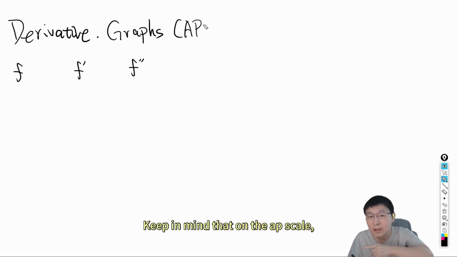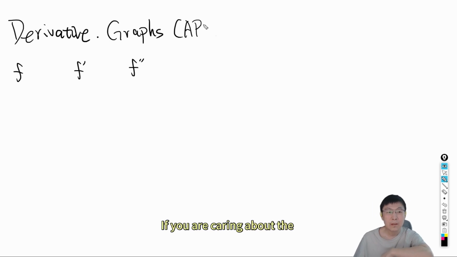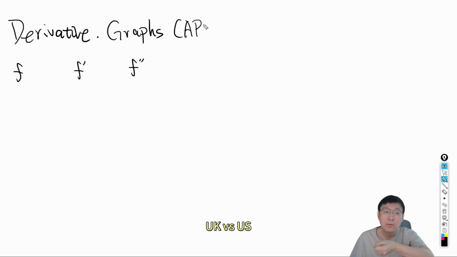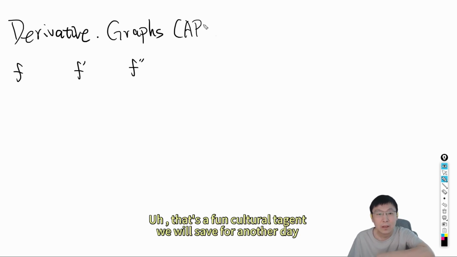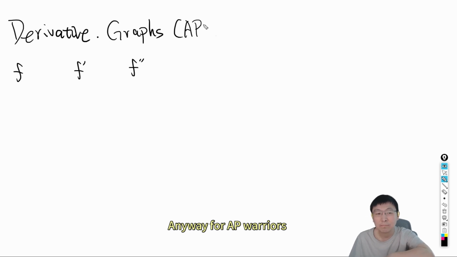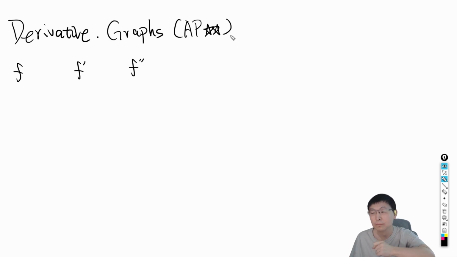Keep in mind that on the AP scale, getting 70% correct already means a solid 5. If you are curious about the UK versus US exam design difference, that's a fun cultural tangent we will save for another day. Anyway, for AP warriors, the next segment demands 100% attention.